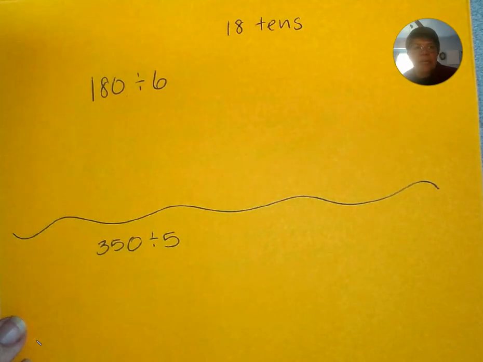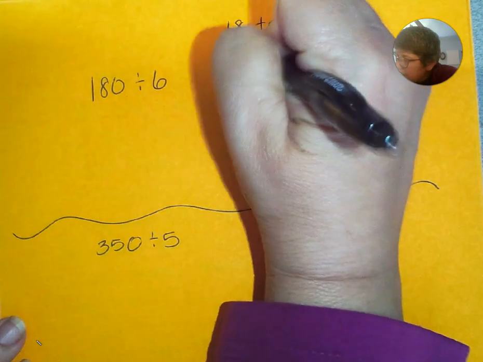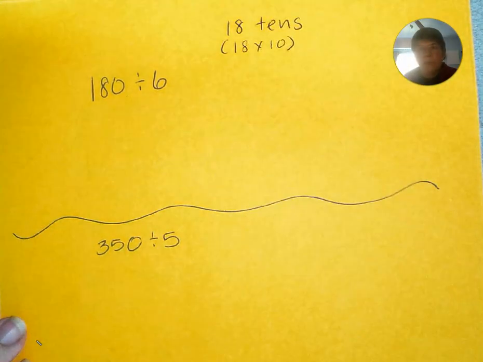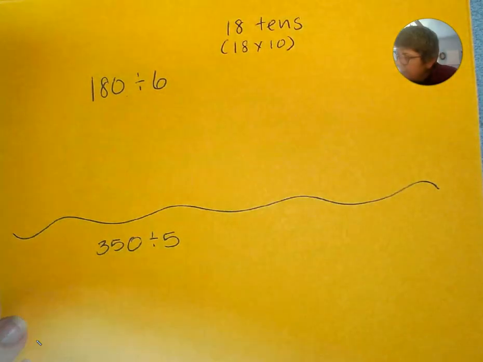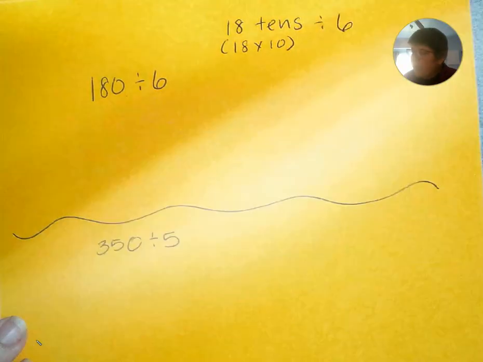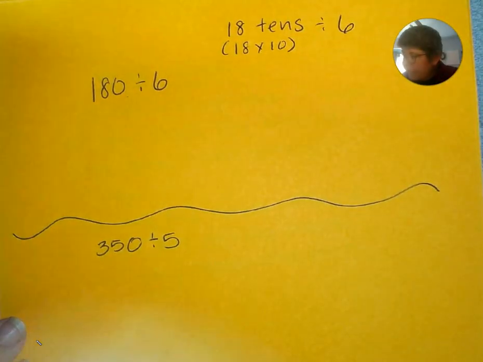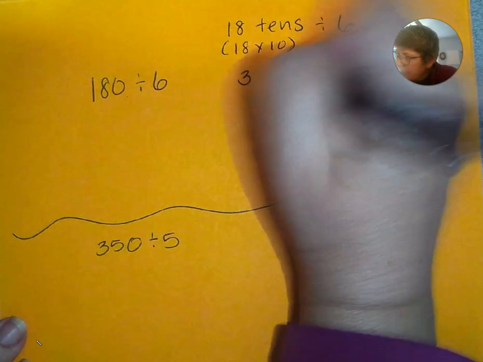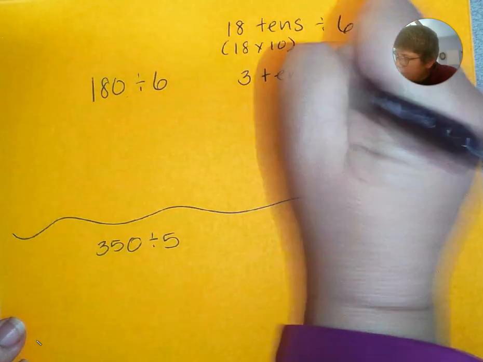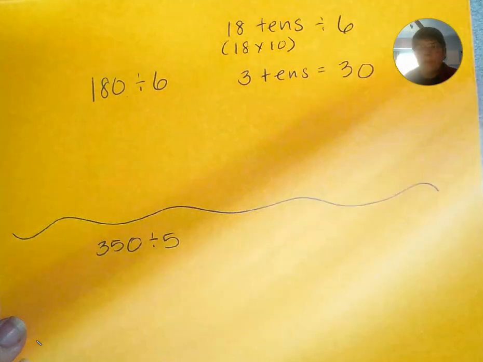Or you could think of it as 18 times 10 when you have that 0 on the end, right? 18 plus a 0, divided by 6. And I know my multiplication facts, 6 times 3 is 18, so 18 divided by 6 is 3. And it's 3 tens, and 3 tens is the same as 30.